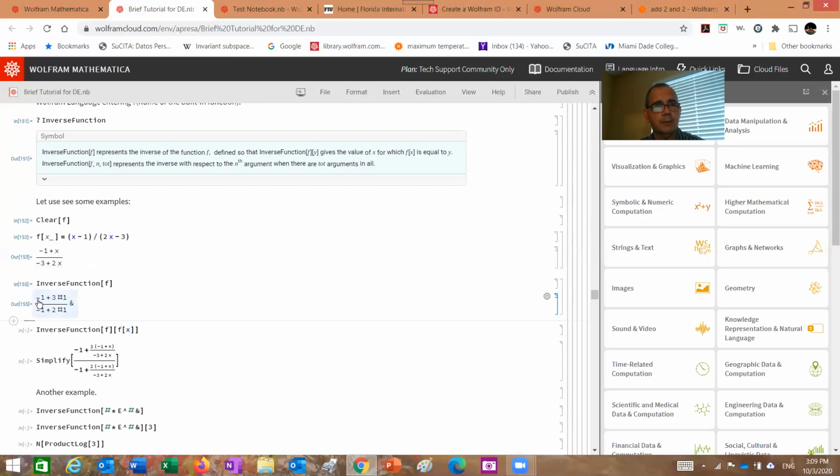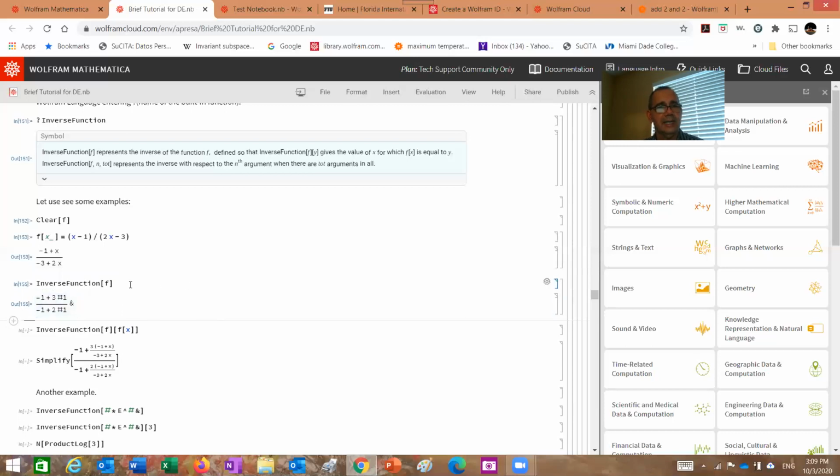It adds -1 plus 3 times the x and divides by -1 plus 2 times the x. So the numeral symbol here represents the position of the x in the formula. And this always represents that this is a function with that formula.